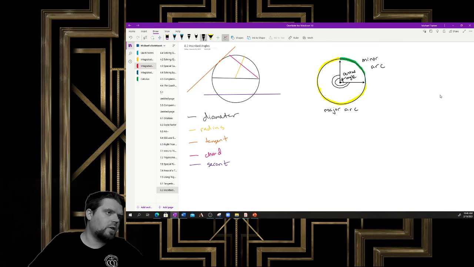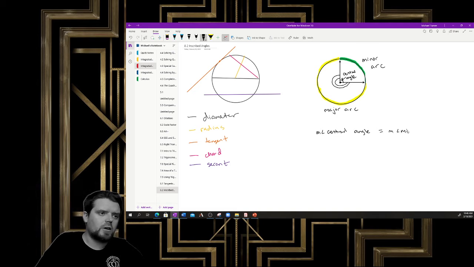Okay? So basically, if you have a central angle drawn, the measure of the central angle is going to be equal to the measure of the minor arc. So you'll have a few questions like this on the assignment.